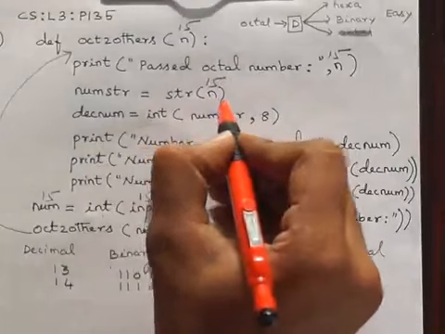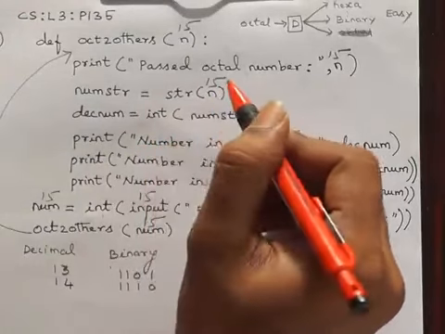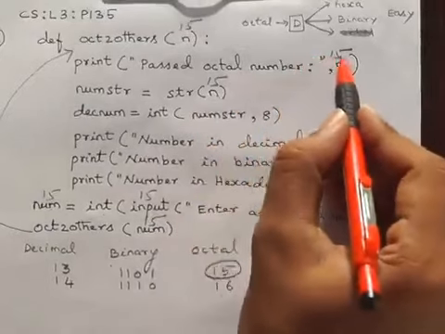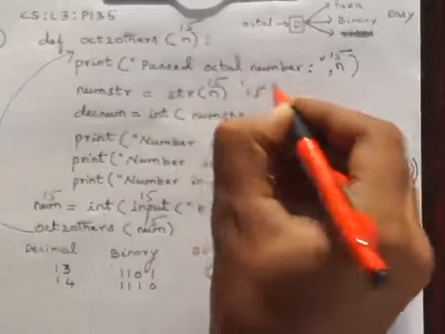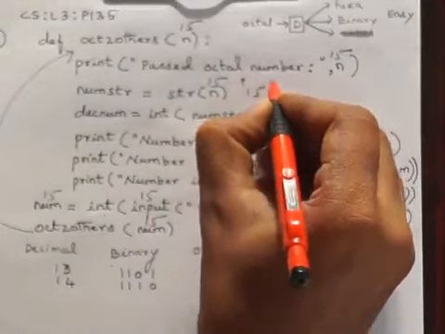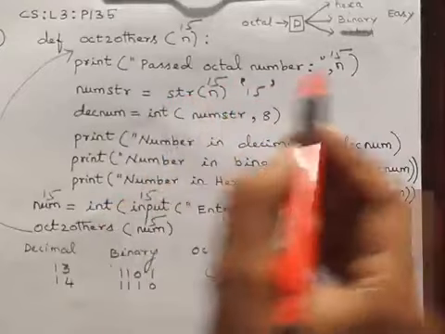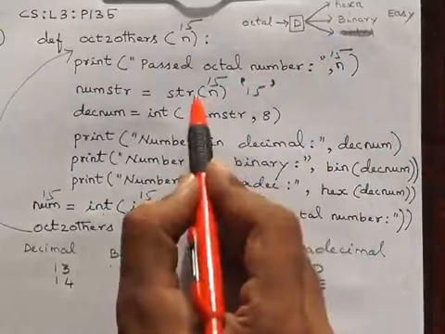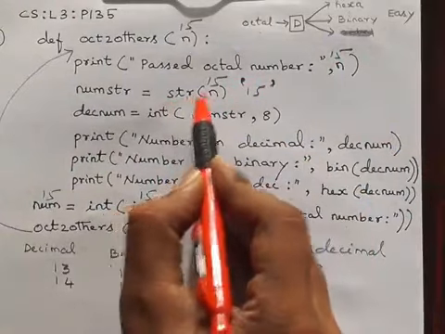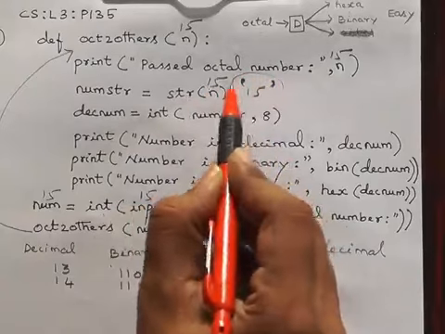In this line, what will happen now? This number 15 will be converted to the string 15. Understand? Here it is a pure integer number 15. Because of this str function, this 15, which is a number, will be converted to a string 15.